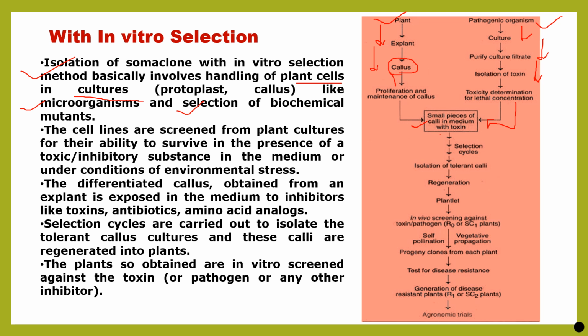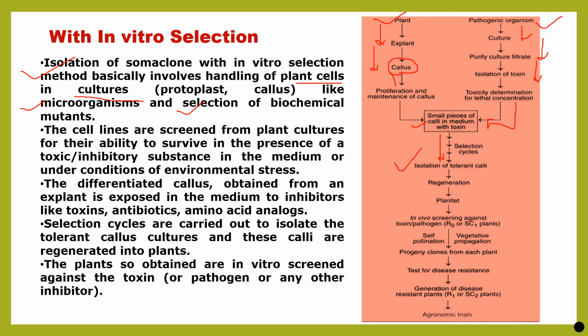Now after many subculturing cycles, isolation of tolerant cells will be done. How is it so? The cells which are resistant to the toxic agent will survive and others will be dead. Fine. So we'll take out the survived cells and go for subculturing in the specified media.